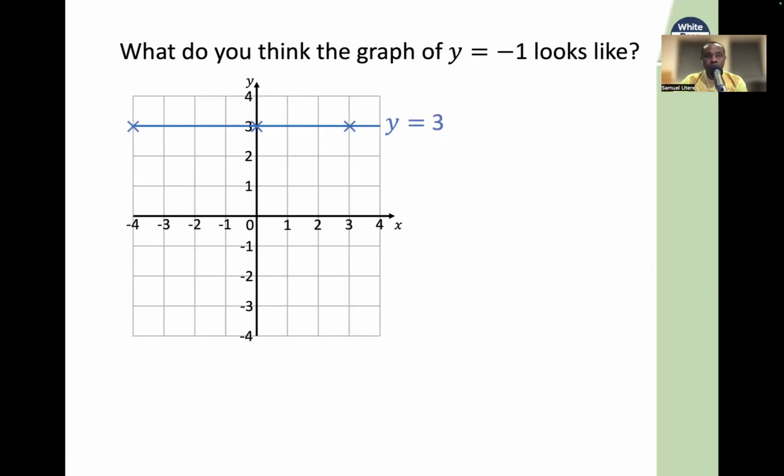What do you think the graph of y equal to -1 would look like? Well, y equal to -1 means y will always be -1. So you're going to draw a horizontal line that passes through -1 on the y-axis. And that's what the line should look like.